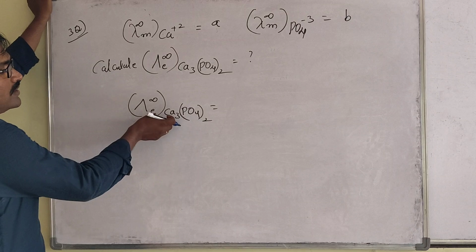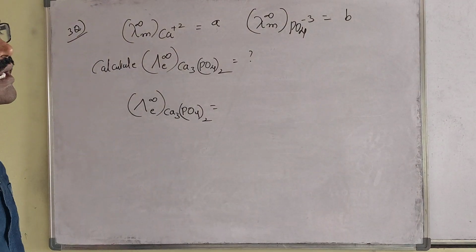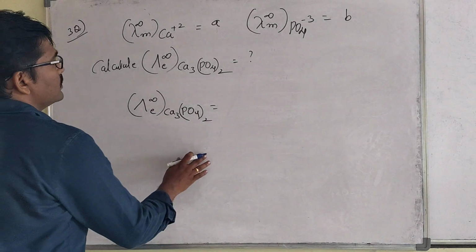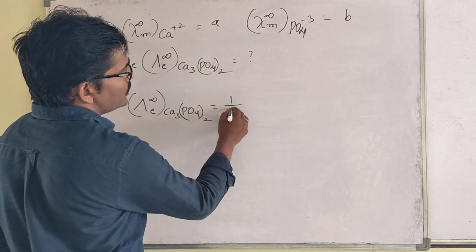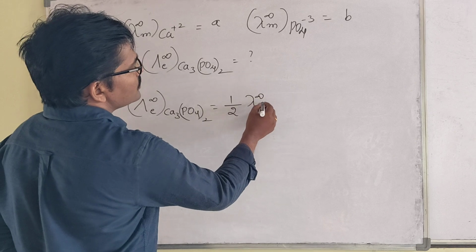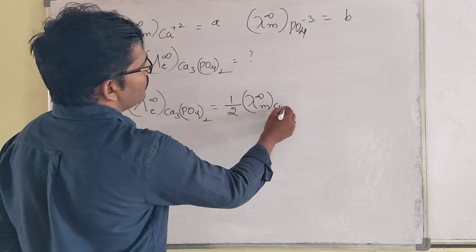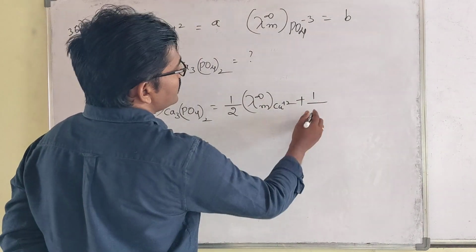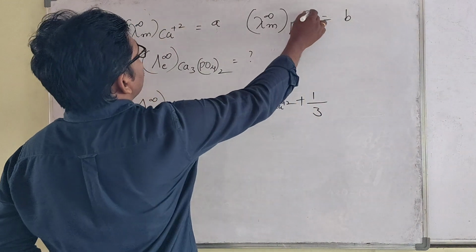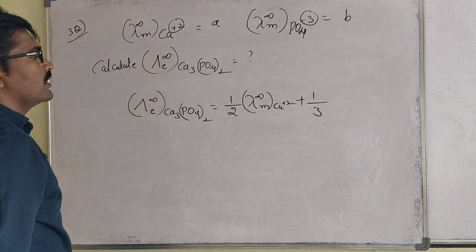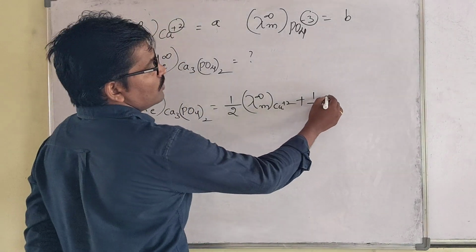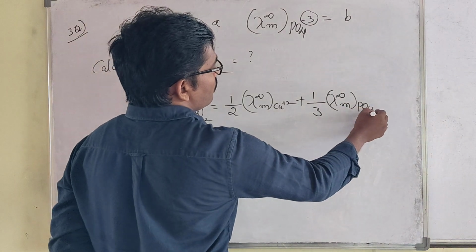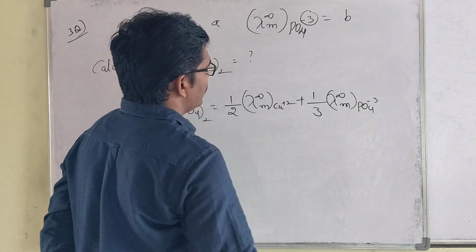For this, Ca plus 2, the molar conductance divided by the n factor, that is 1 divided by 2 into the molar conductance of Ca plus 2, then plus 1 divided by 3 because the charge is 3, into the molar conductance of PO4 minus 3, that you have to take.